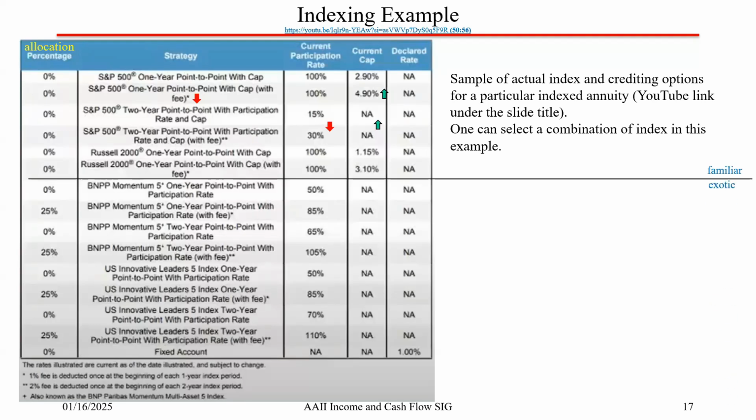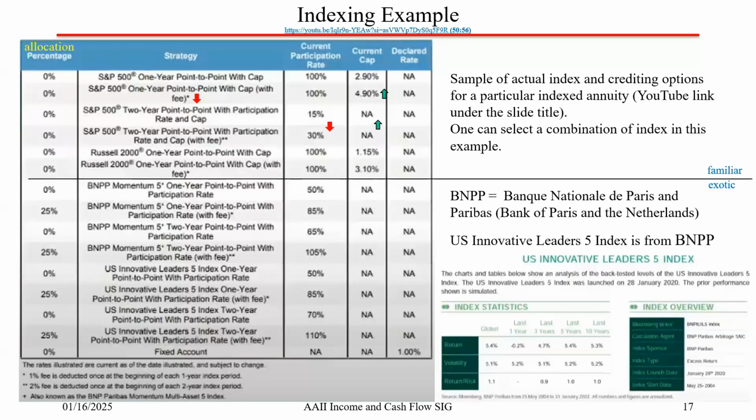Now if you look at the exotic part of this, these indexes are created by a bank in France. And if you look at this U.S. Innovative Leader 5, you'll see that at least their performance isn't that great, right?